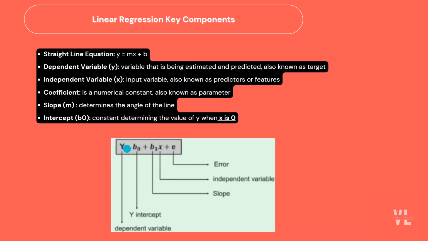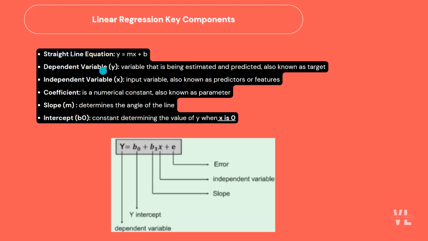And here, by using all of these components, we can predict an output y, which is called the dependent variable. So these are some terms that we must memorize or understand before we start building a linear regression model.